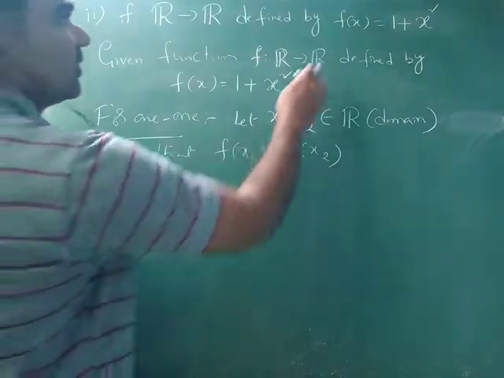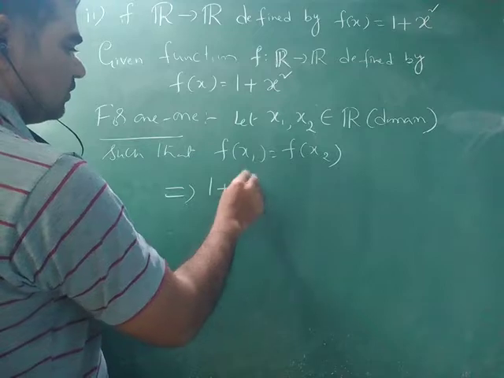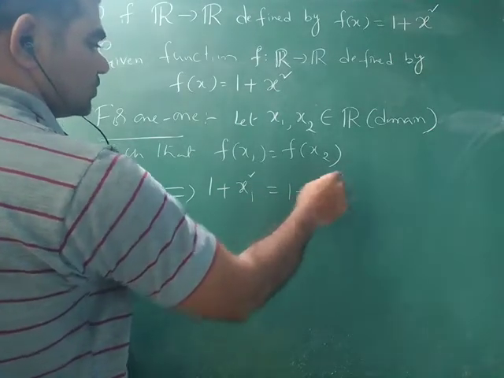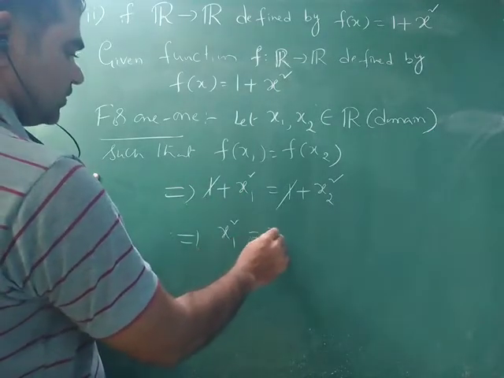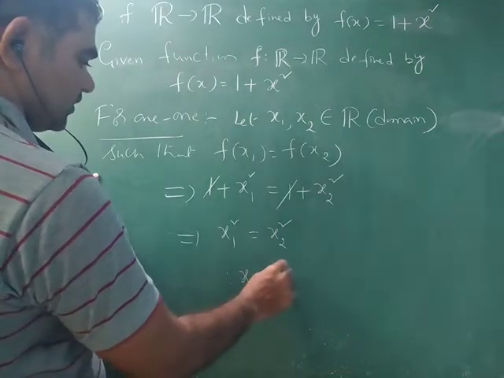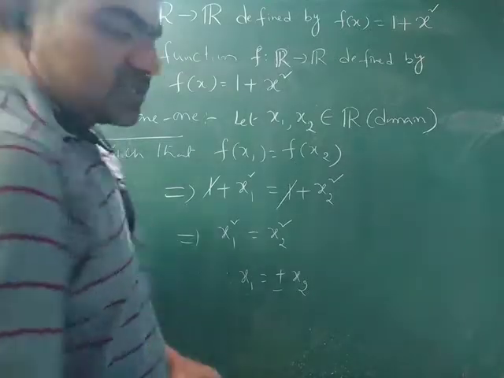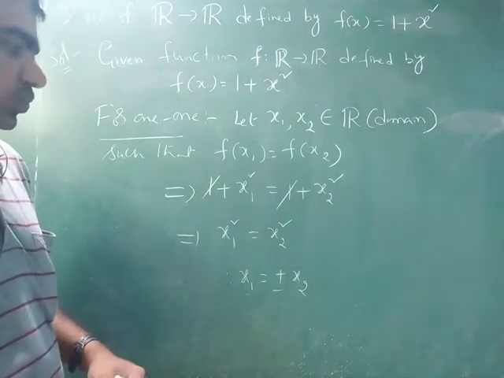What is f of x1? F of x is 1 plus x square. F of x1 is 1 plus x1 square, equal to 1 plus x2 square. The 1 and 1 get cancelled. x1 square equals x2 square. Therefore, x1 is equal to plus or minus x2.